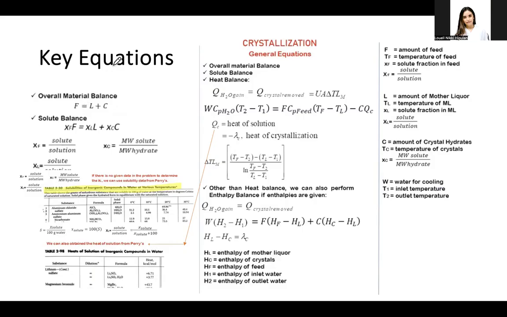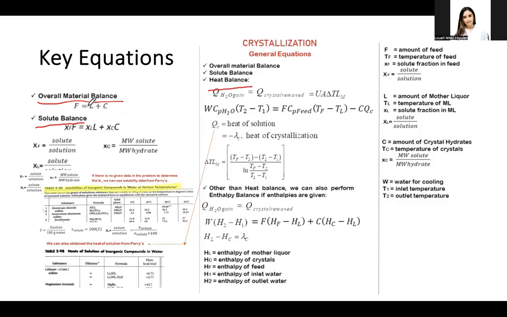How much solute is distributed between them? You are going to use solute balance or component balance. And how much energy or heat is gained or lost during crystallization? You're going to use heat balance, or energy or enthalpy balance.